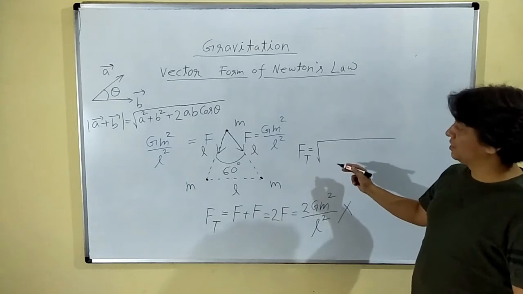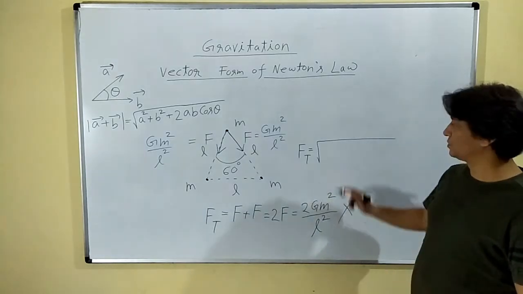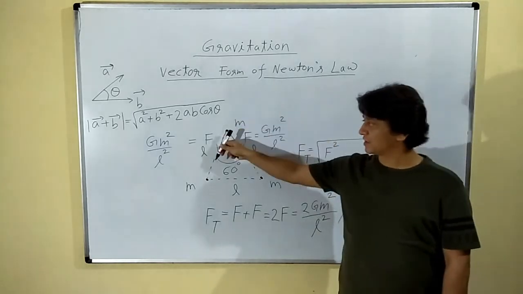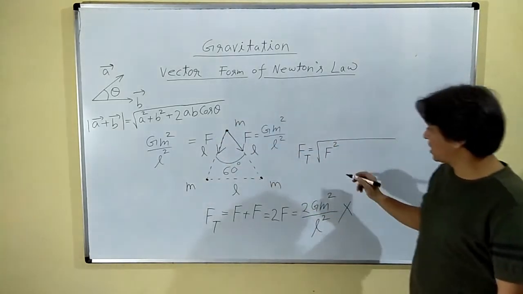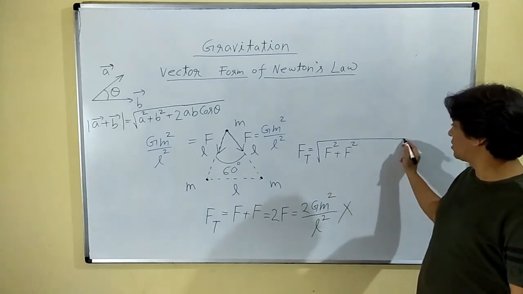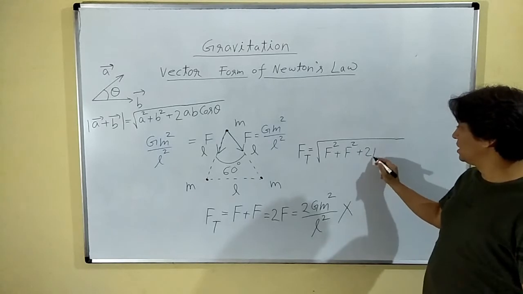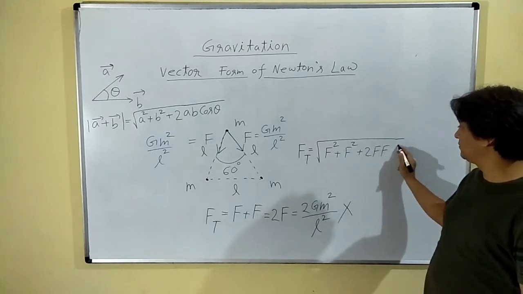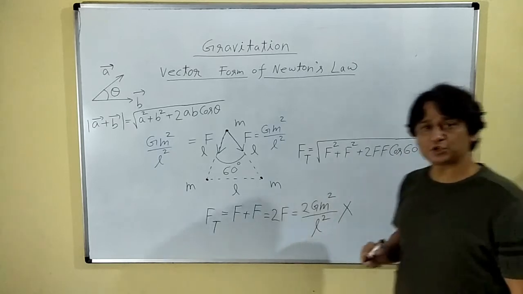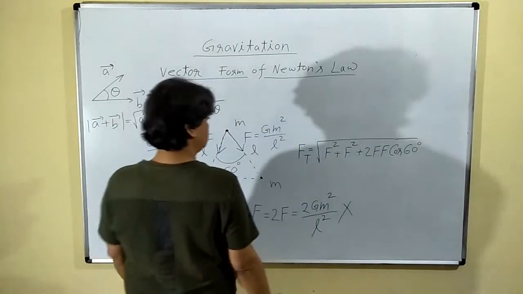And therefore, how do you find the magnitude of the total force? First vector, its magnitude, square of that. Second vector, magnitude, square of that, plus 2F cos of the angle between these two vectors, which is 60 degrees.